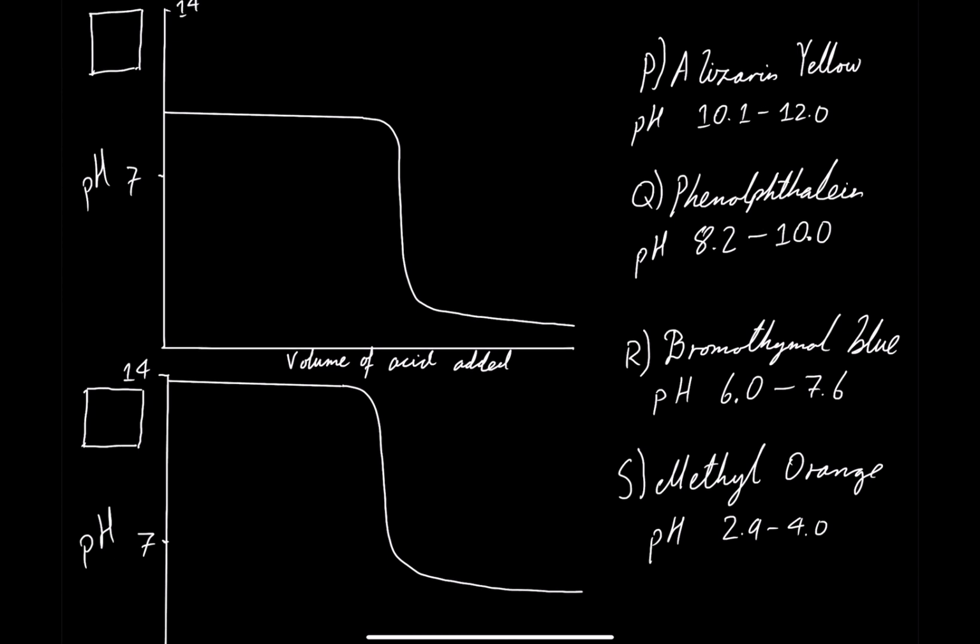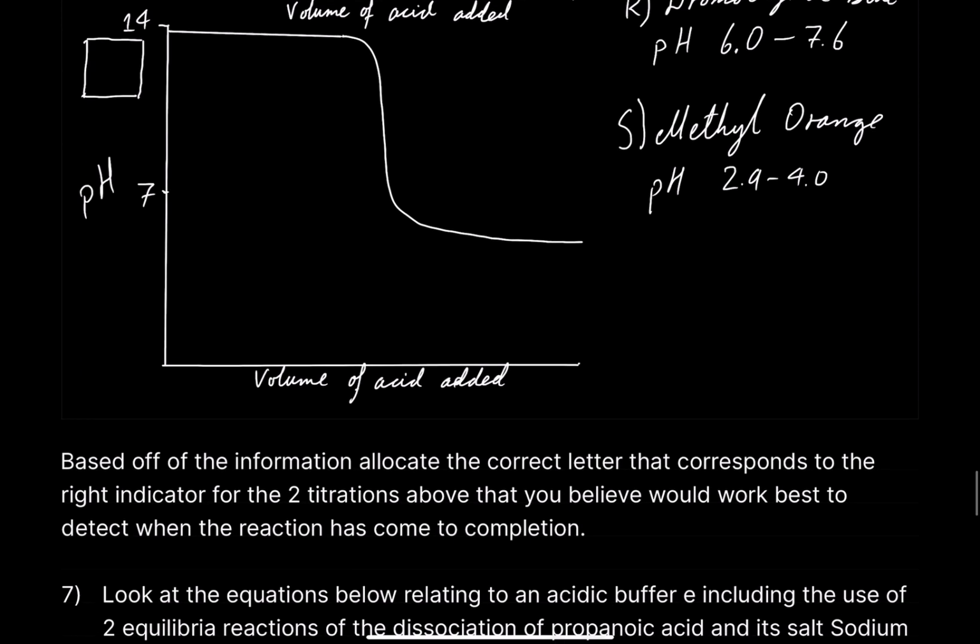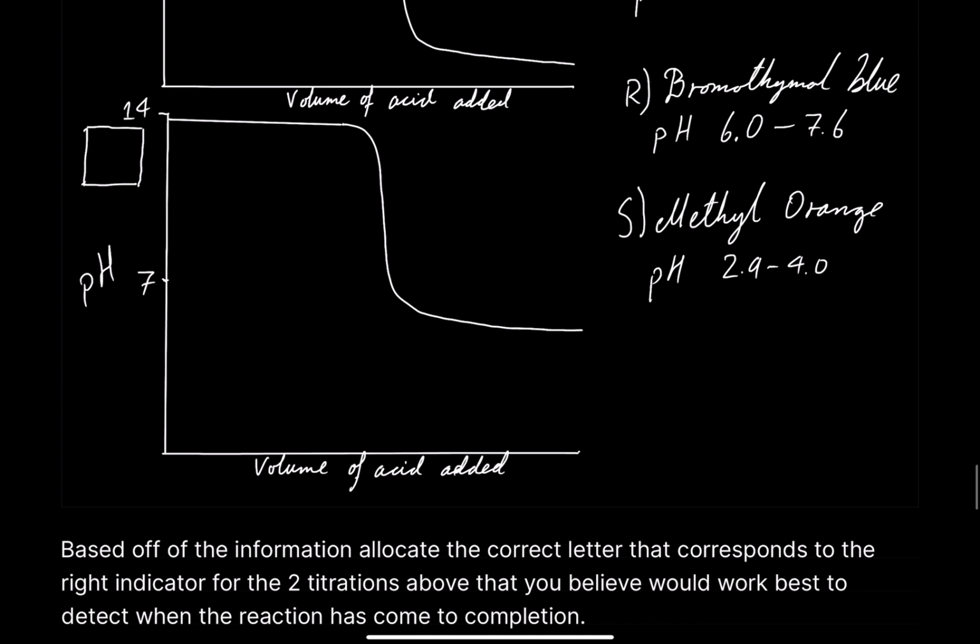On your left you have two types of pH graphs. Based off the information that you have here, I want you to allocate the correct letter that corresponds to the right indicator for the two titrations above, that you believe would work best to detect when the reaction has come to completion.